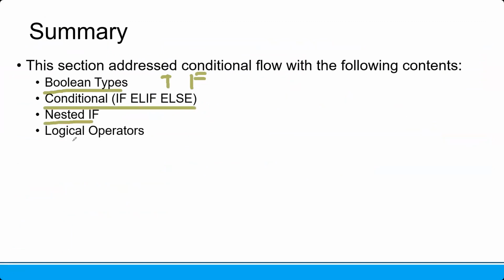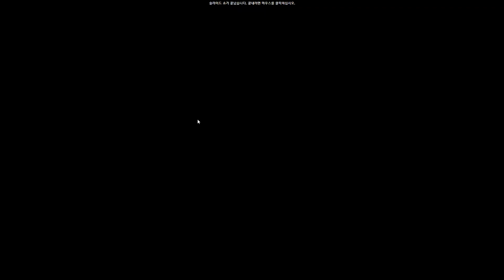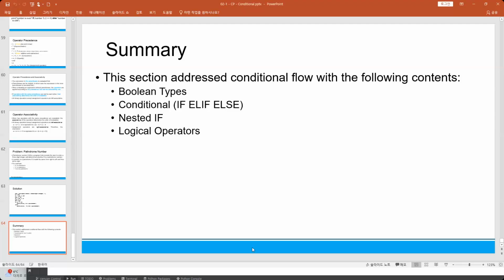We learned about nested if, and the logical operators, like less than, equal, and so on, and then and, or, and not. Please remember what we learned in the condition section. Now let's move to the next section.